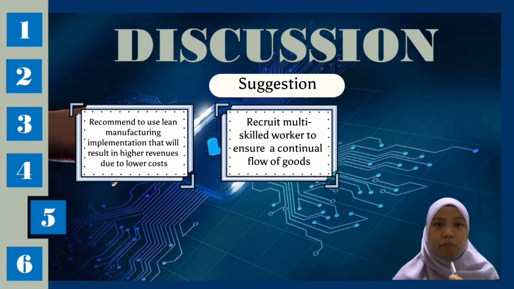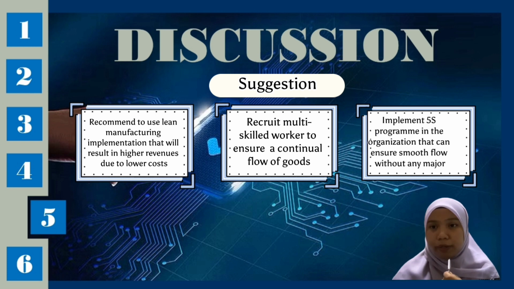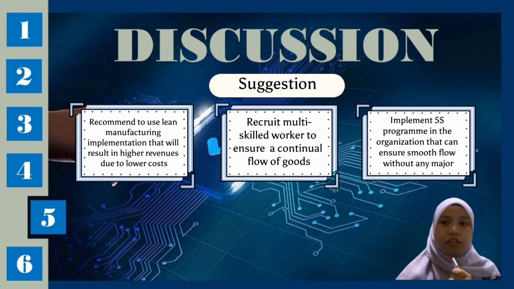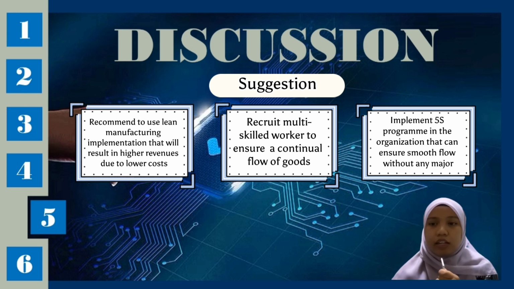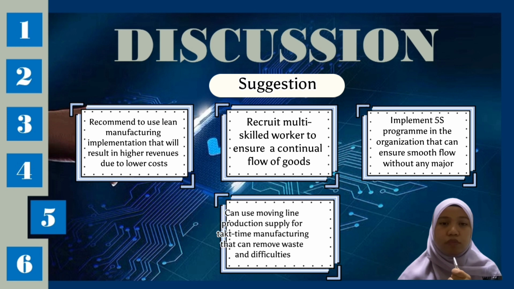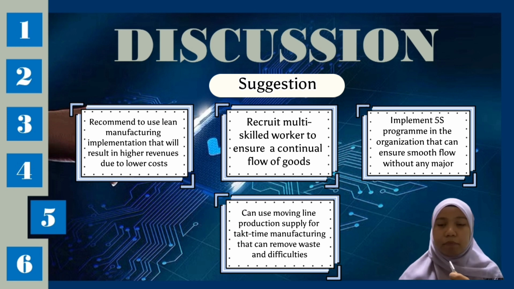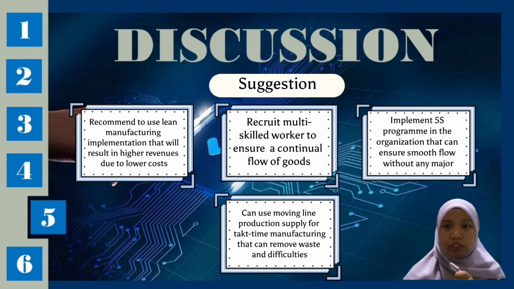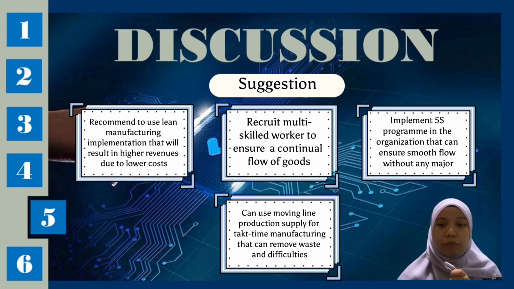Aside from that, Trouble Manufacturing Malaysia could implement a 5S program. This can assist the manufacturing flow go more smoothly without any major complication. Lastly, the company might use moving line production by supplying an automated setter for tactile manufacturing. It is a tool for exposing waste and removing difficulties.